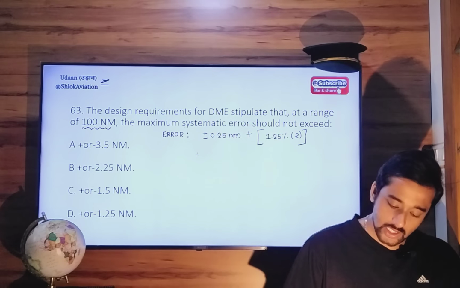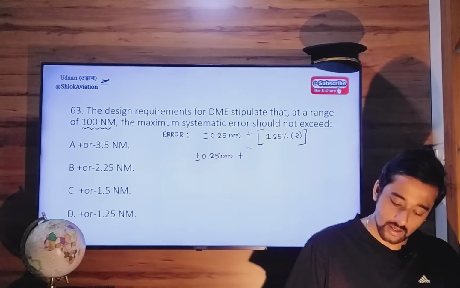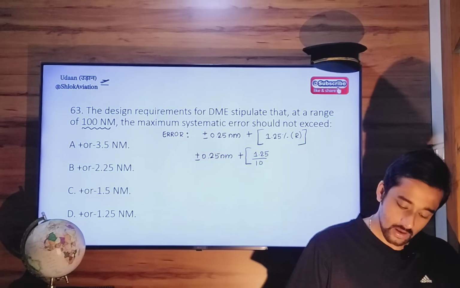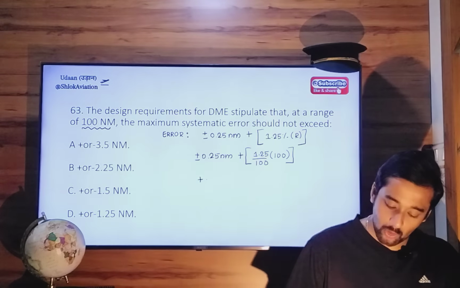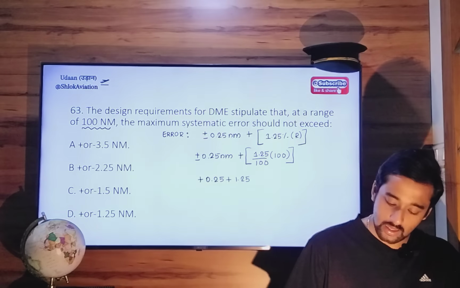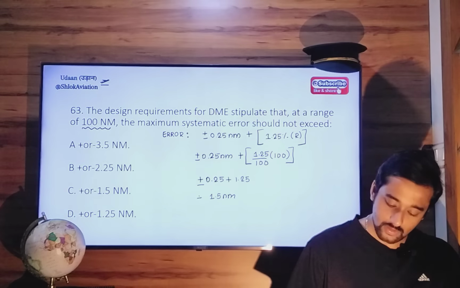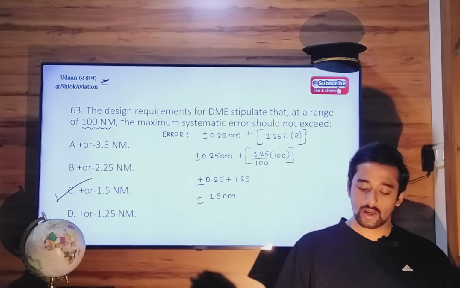So that means plus minus 0.25 miles plus 1.25 percentage of 100. So that is 0.25 plus 1.25, that is 1.5 nautical miles. The correct answer here will be option Charlie, plus minus 1.5 miles.